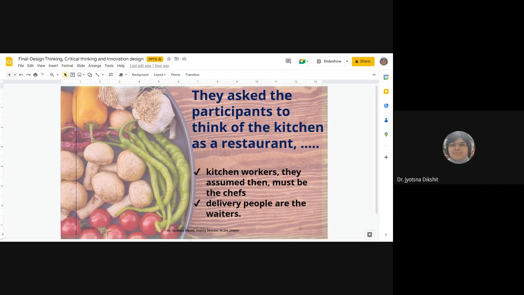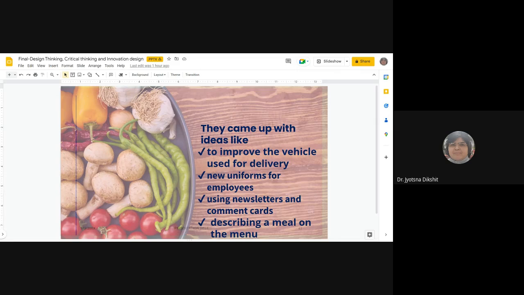As soon as this idea was given to them, they became very proactive, because now the kitchen workers were no more only kitchen workers, they were chefs, and the delivery people were the waiters. And they came up with a few ideas during these workshops, like improving the vehicle used for delivery, as now the delivery people were the waiters.